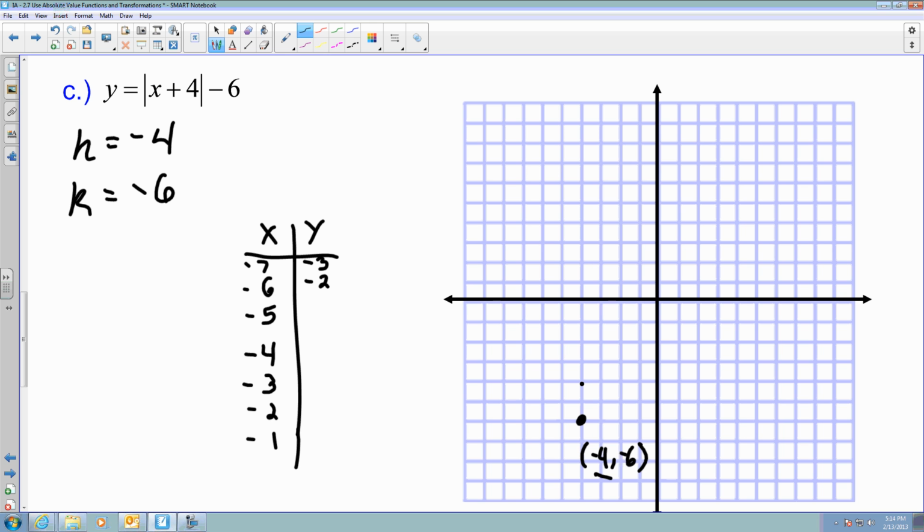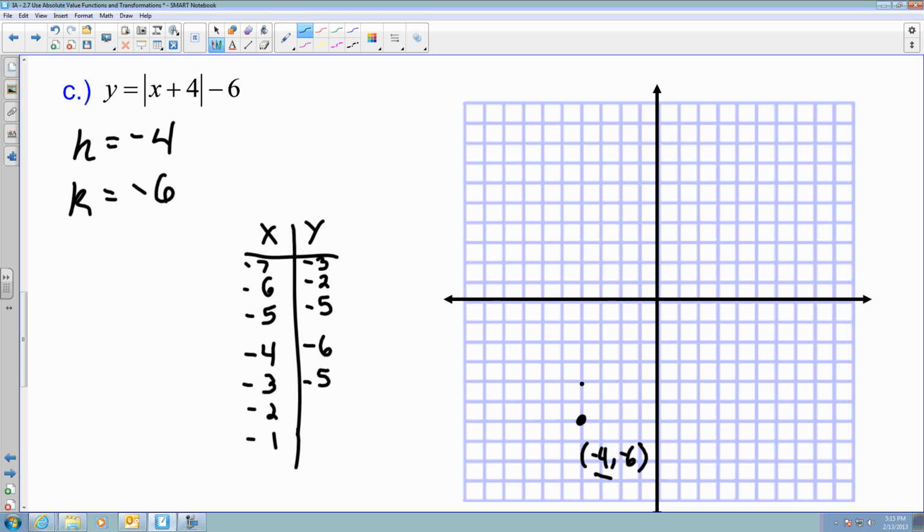Negative 5 plus 4 is negative 1. That gives me 1, so 1 minus 6 gives me a negative 5. 4 plus 4 is 0, minus 6, that's negative 6. That holds true with my plotted point I already have here. Negative 3 plus 4 would give me 1, so that gives me a negative 5.